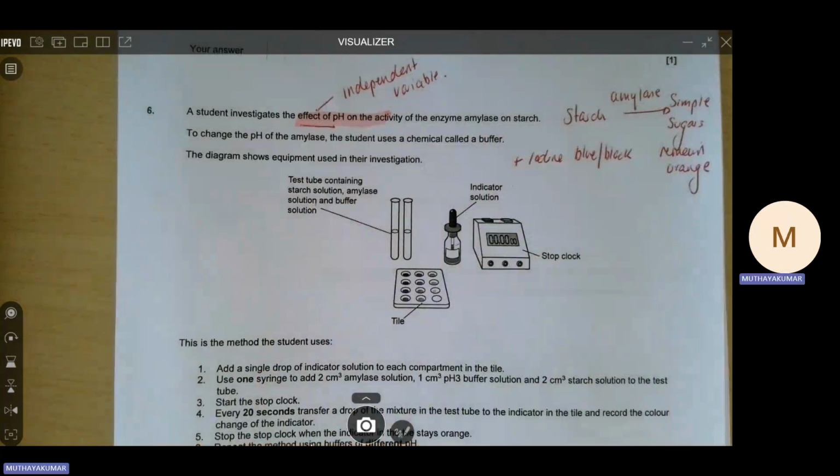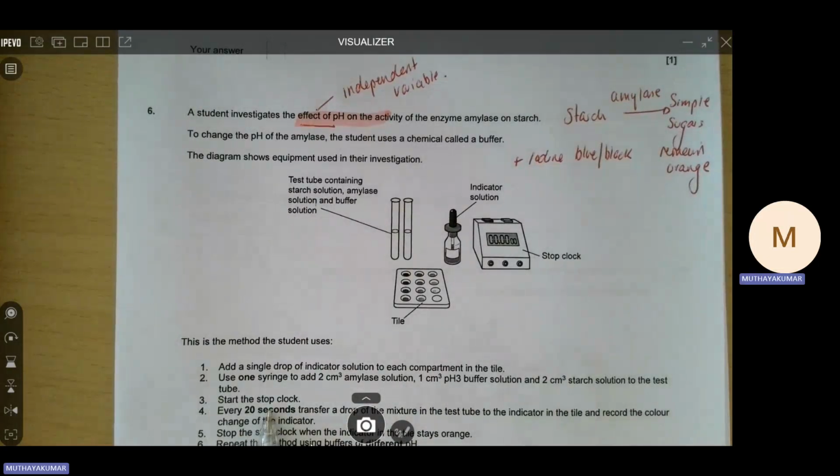The diagram shows the equipment used in the investigation. All right, so you've got your stopwatch, your wells there as well. So this is the method the student uses. They add a single drop of indicator solution to each of the compartments on the tile. They use one syringe to add amylase solution, then one buffer solution and starch solution to the test tube.